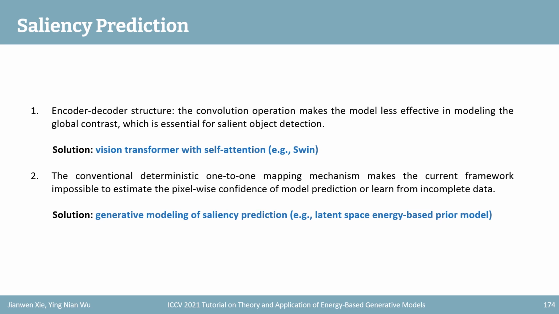That is, we try to learn the probability distribution of saliency map given an input image. Instead of using a non-informative Gaussian prior, we try to model it as an EBM. Combining all this together, we will present a generative vision transformer with an energy-based prior model for saliency prediction.